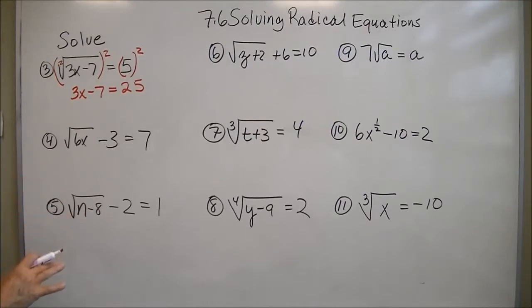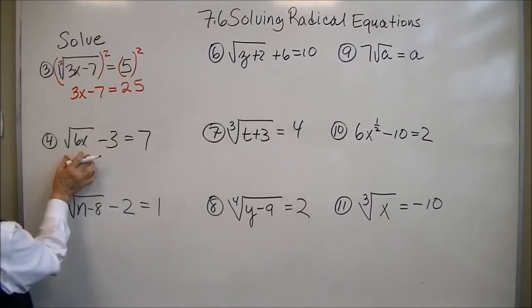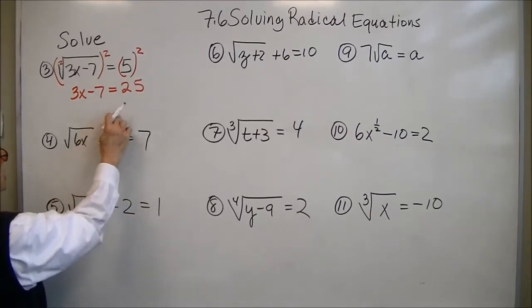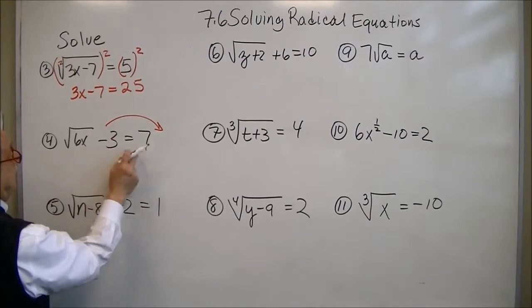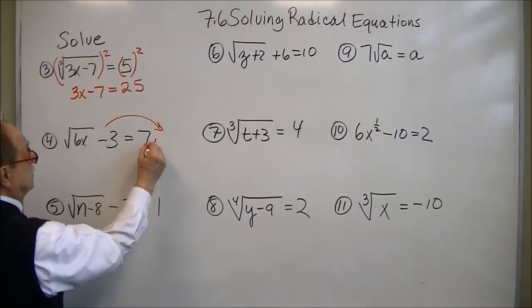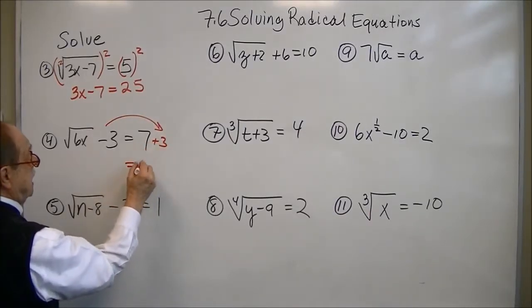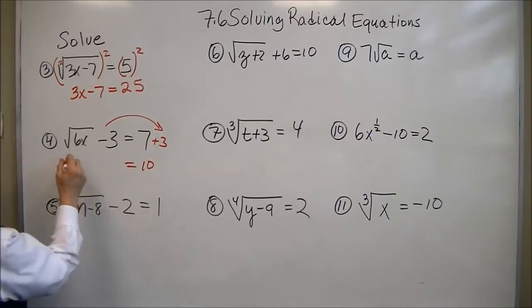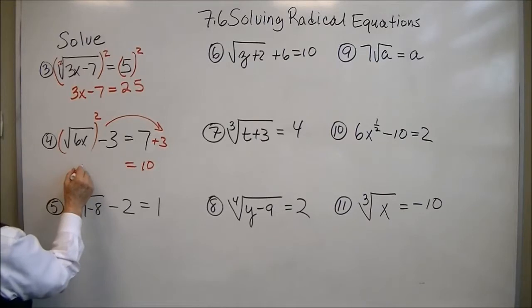In fact, let's go through it and get rid of the radical signs. First thing first, though, is we have to isolate the radical. So we're going to transpose that. On this side, this becomes a positive 3. So we now have this as 10. And we're going to square this then. That just becomes the radicand.